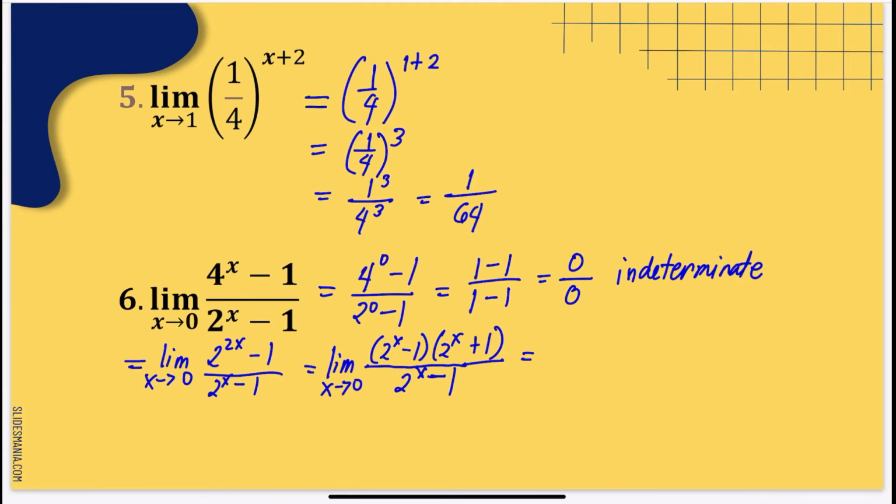Then cancel 2 raised to x minus 1. So the remaining term of the function is the limit of 2 raised to x plus 1, where x approaches 0. Then we can now use direct substitution. So x will become 0. So 2 raised to 0 plus 1. 2 raised to 0 is equivalent to 1, plus 1.